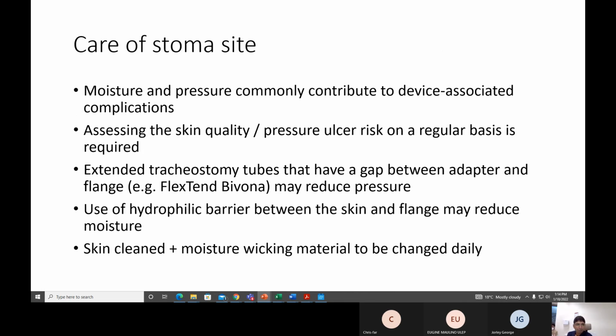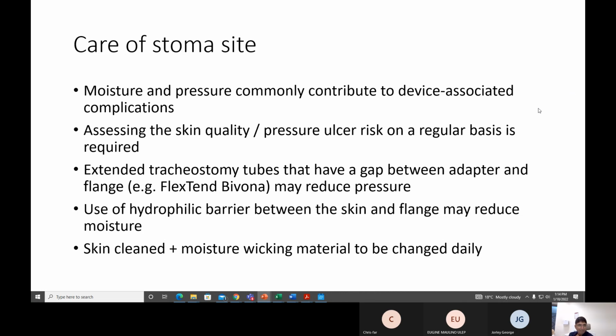So now we will talk about how to care for the tracheostomy. The stoma site needs to be looked after, because if it's exposed to moisture and there is pressure, it commonly contributes to pressure device associated complications, like granulation tissue and skin breakdown and so on.